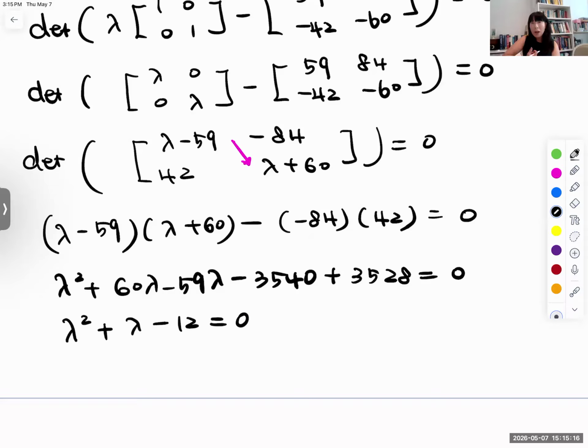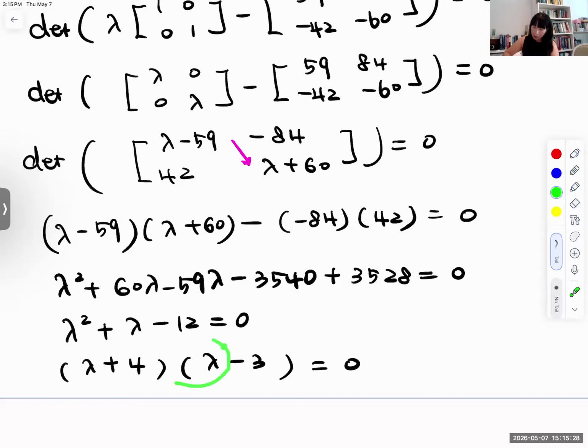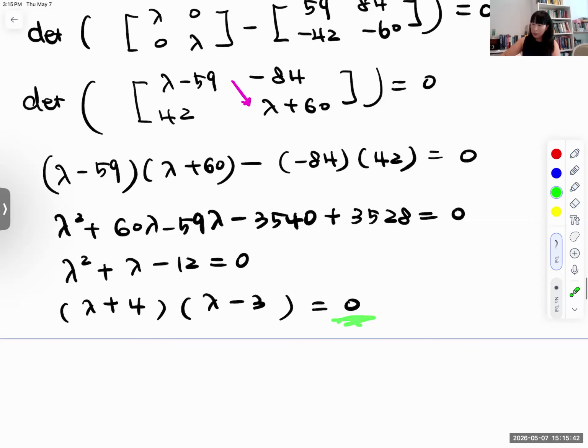Factoring, we have lambda plus 4 times lambda minus 3 equal to 0. Let's check: the inside is positive 4 lambda, the outside is negative 3 lambda, which gives positive 1 lambda. So lambda is negative 4 and lambda is positive 3.